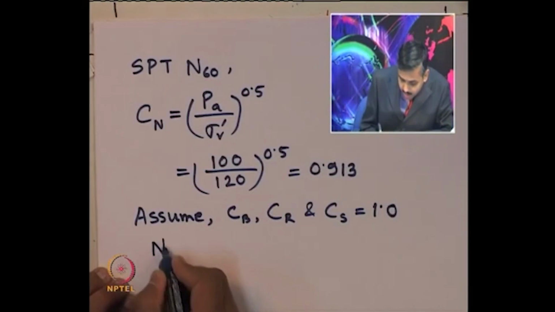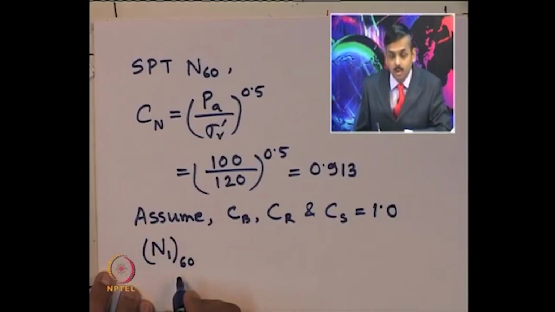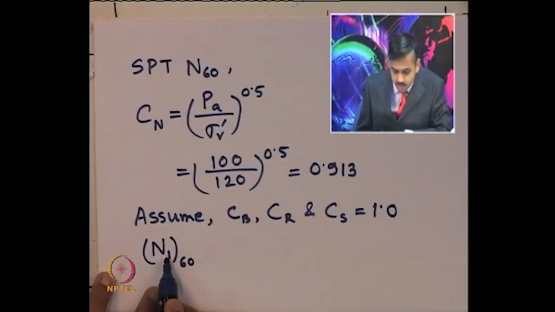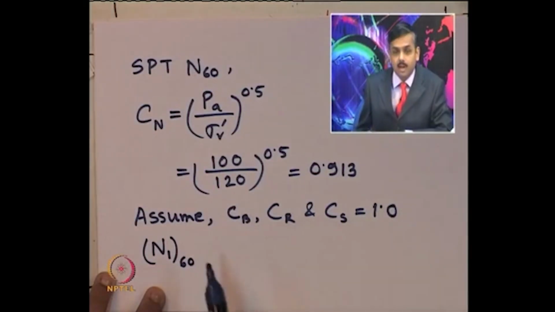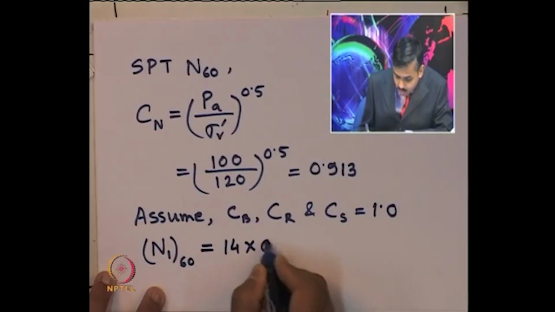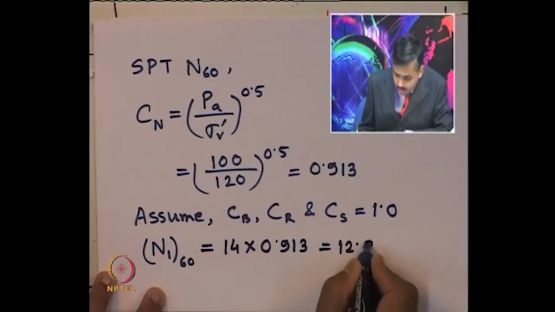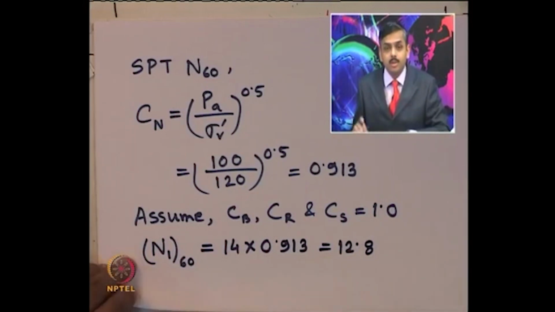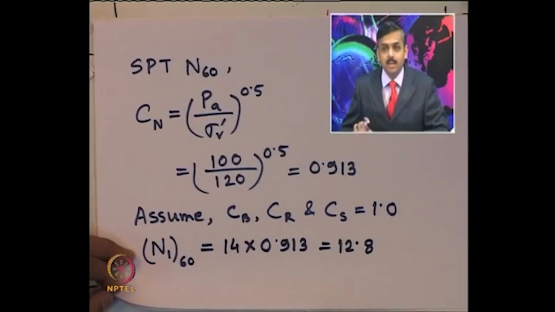So, we can write down N160, which is the corrected SPT value, including energy as well as overburden and all these correction factors, becomes 14 times 0.913, which is 12.8. Now, this is the correction of SPT N value statically.